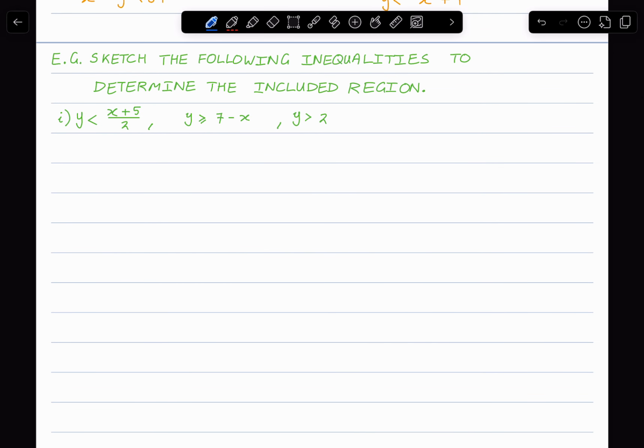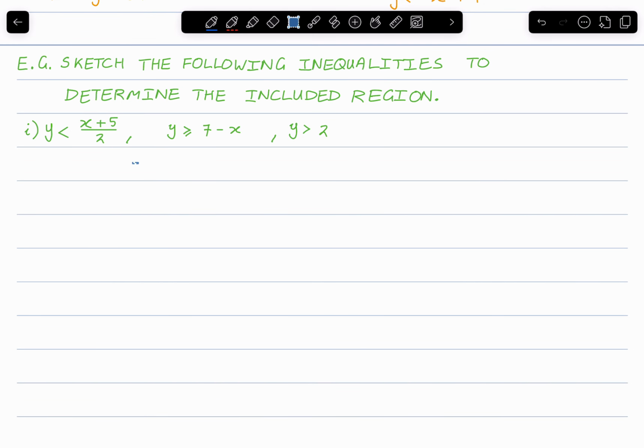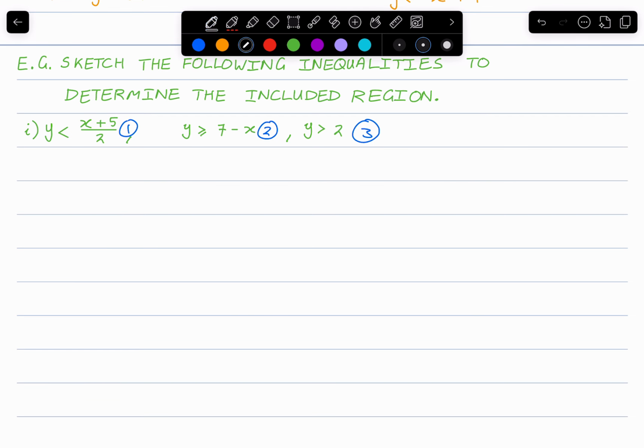So for this, I'm going to start labeling everything first because we can very quickly get lost in what we're doing. So this is equation 1, equation 2, equation 3. I'm going to make sure I have headings, and let's find our intersections first. Intersect.